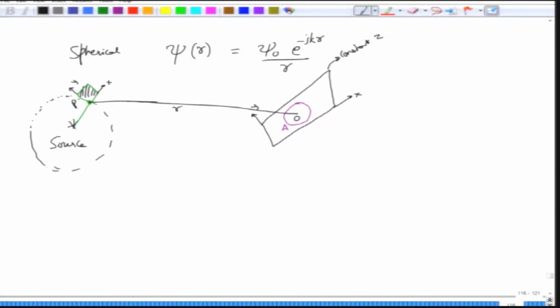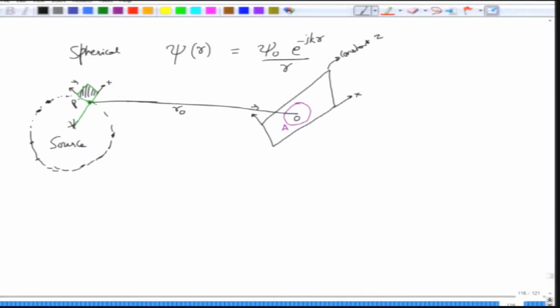I will indicate this as r0, the distance from the origin on the aperture plane to the point of the source which I am considering here. So, this is the part of the source. Of course, there will be some portion of source here, portion of source here. These are all potentially points that I have to consider. I have made it slightly generalized in the sense that I am only considering this particular point.